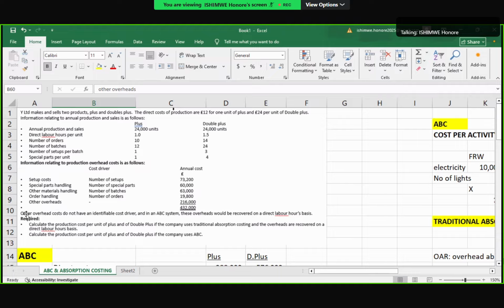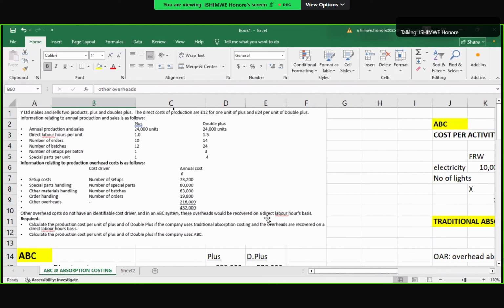They say other overheads do not have an identifiable cost driver, and in the ABC system, this overhead would be recovered on a direct labor hour basis. So we want to use direct labor hours to apportion our other overheads, as is given in the question.